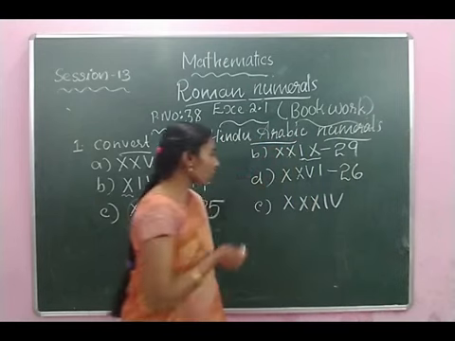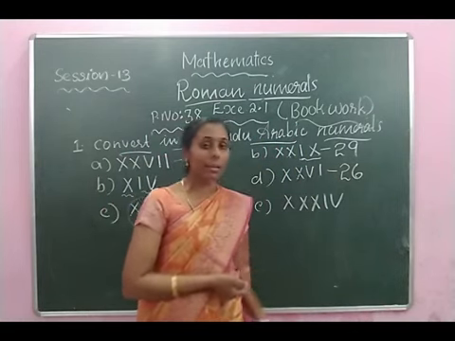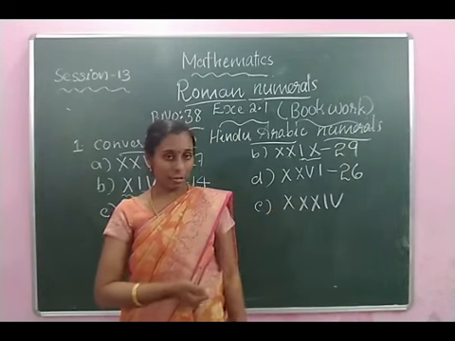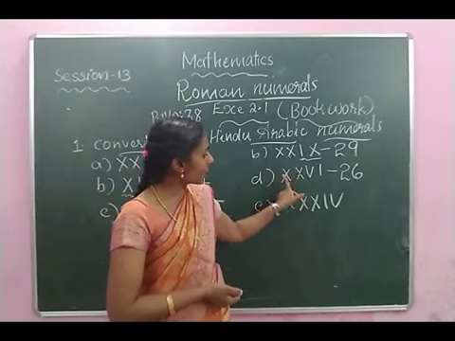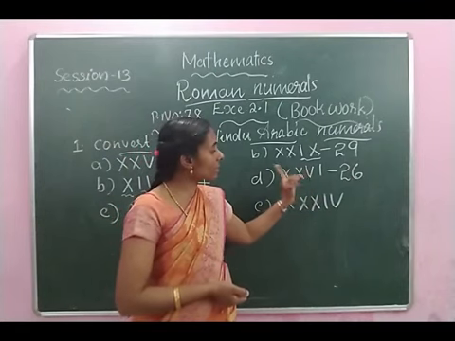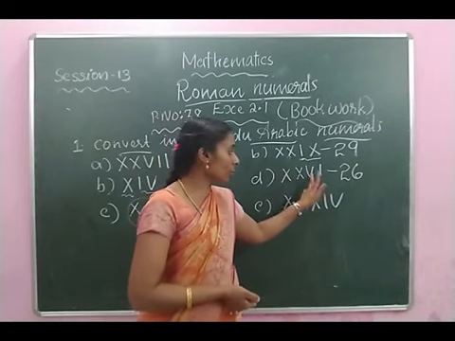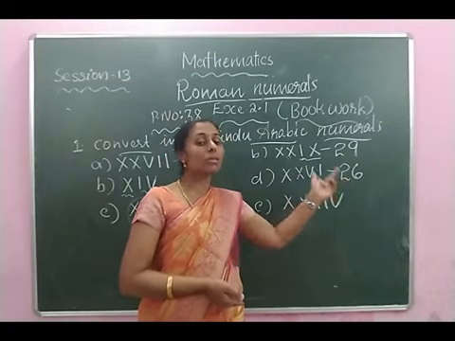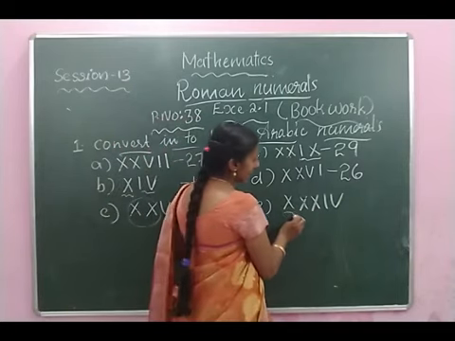When the number moves to the right side, that should be added. Here X plus X, 20. This 5 comes after this X, so we have to add that. 20 plus 5, 25. Then I comes there, so 26.